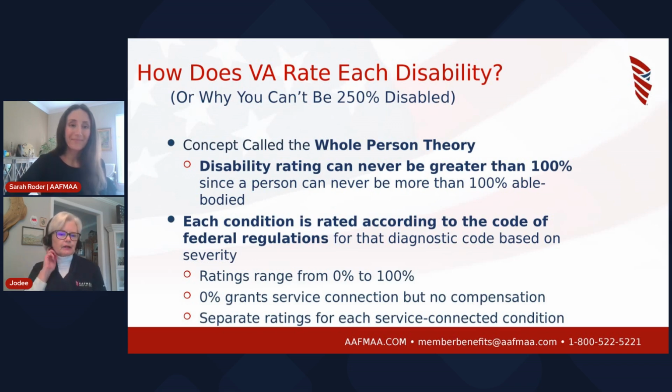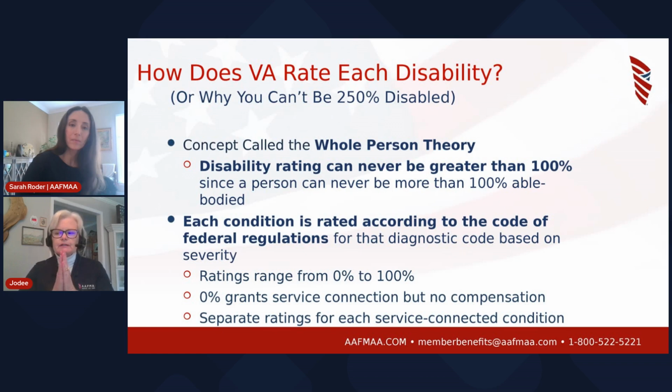So how does VA rate each disability, or why you can't be 250% disabled? So the whole concept with the VA disability rating system is the whole person theory. This means that the VA does not add whole numbers together. They take percentages of percentages.